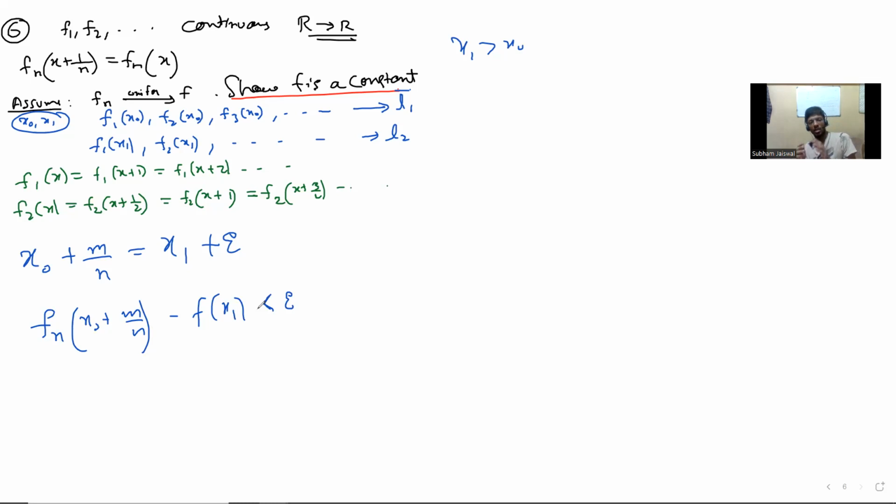So now this is looking at one function fn. x1 is a point, and you want to find a delta neighborhood so that you keep the images in the epsilon neighborhood.